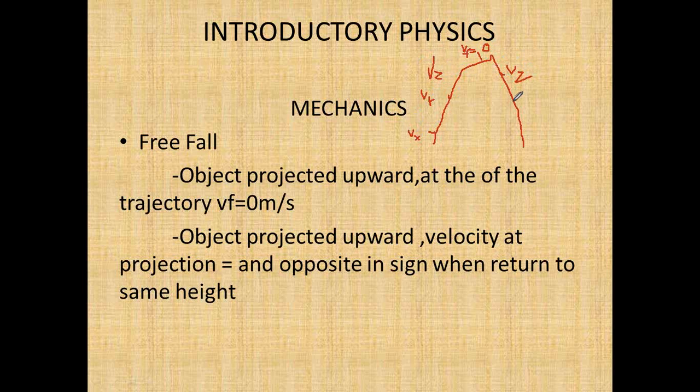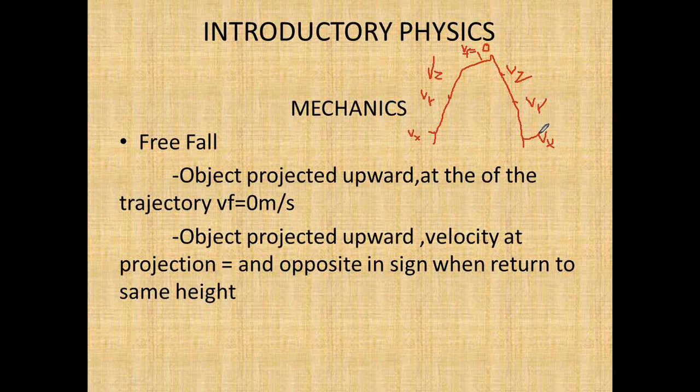At this point, the velocity is going to be y, but a negative velocity because the object is coming downwards. At this point, it's going to be velocity x, but negative because the object is coming downwards.